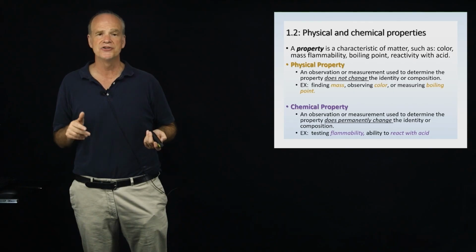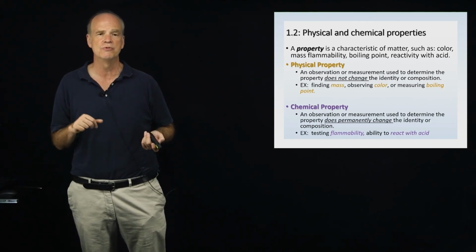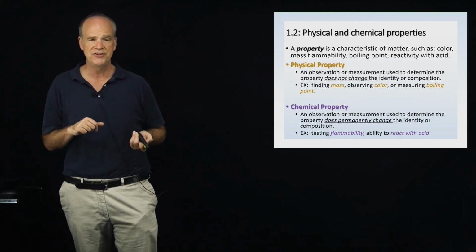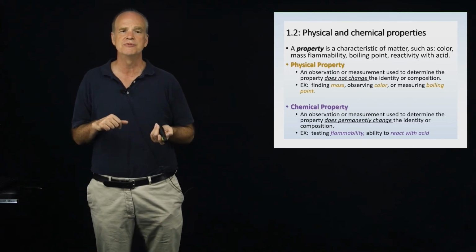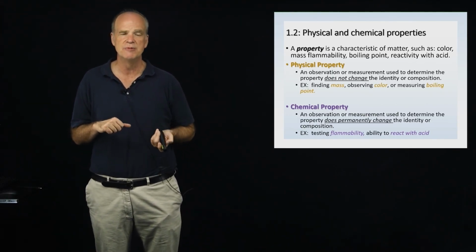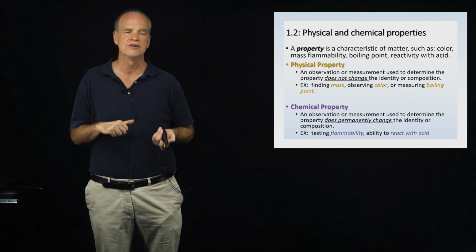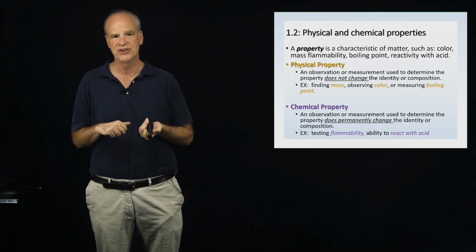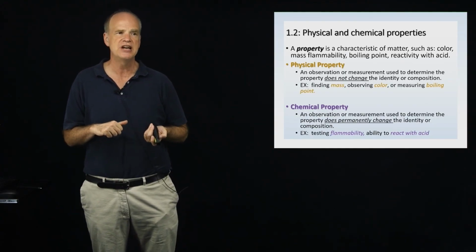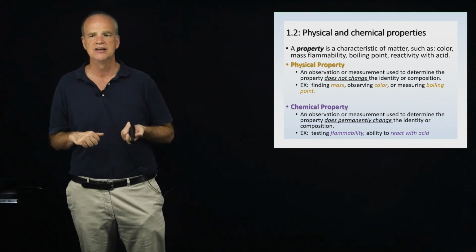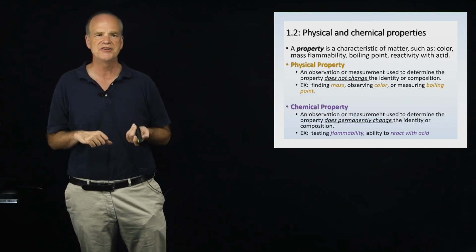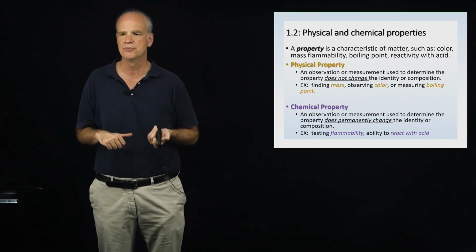A lot of metals can react with acid, and when they do, you basically break up the metal into pieces and you get the metal binding with one of the atoms in the acid. When that happens, you're changing the metal's composition. And so reactivity with an acid would also be considered a chemical property.